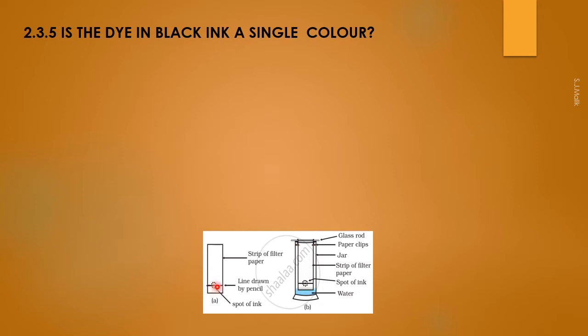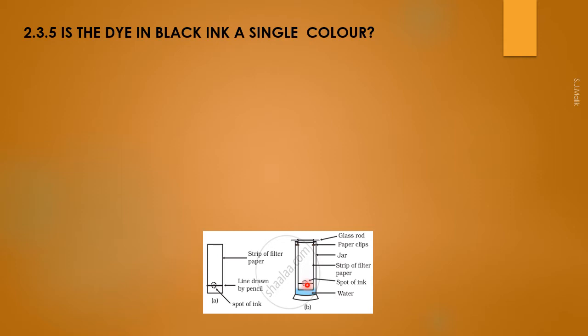What do you see? After drying, lower the filter paper into a jar, glass, beaker or test tube containing water, so that the drop of ink on the paper is just above the water level, as you can see here in the figure.